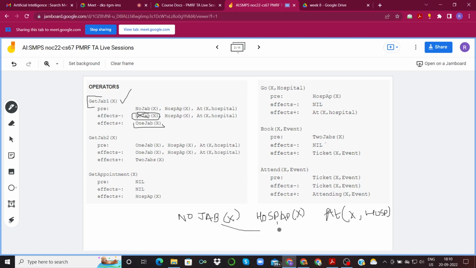Now, once these preconditions are true, we can apply this get jab 1 action or operator, and the positive effect of this would be that the person now has one shot of vaccine.